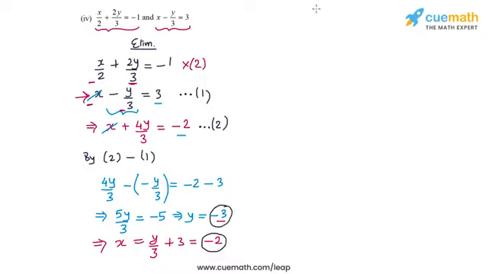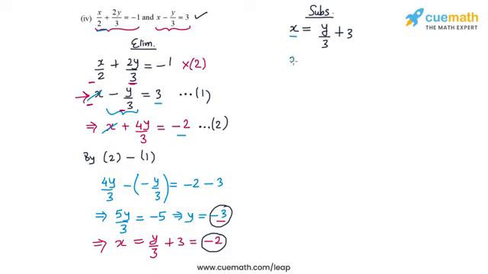Now let's check if we will get the same values using substitution. So in substitution, let me take the second equation and write x in terms of y. So x is equal to y by 3 plus 3. So this is from the second equation. Now let's substitute this value of x into the first equation.